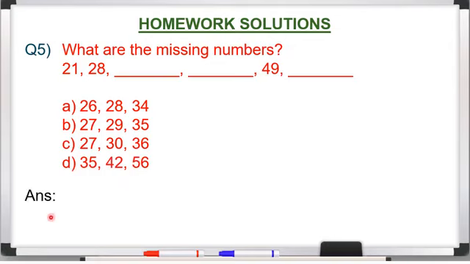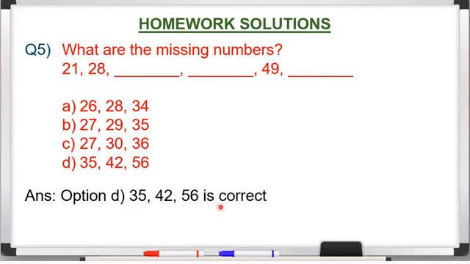So beta, the answer is option D. 35, 42, 56 is correct. How? See, you have to find out the difference between the first two given numbers. 28 minus 21 equal to 7.